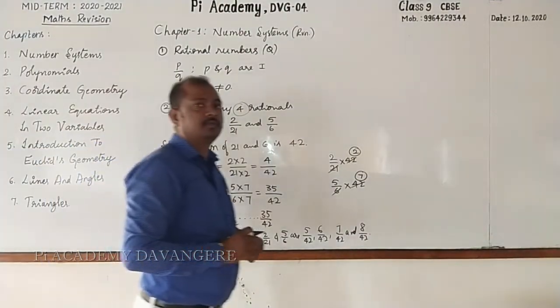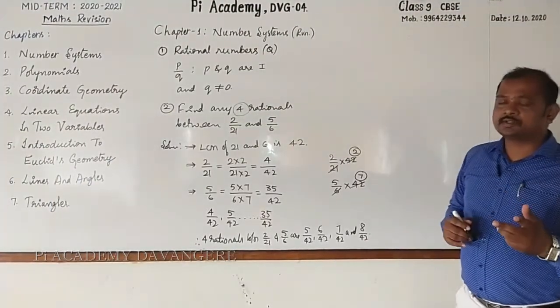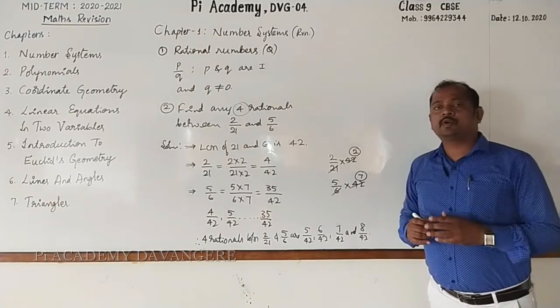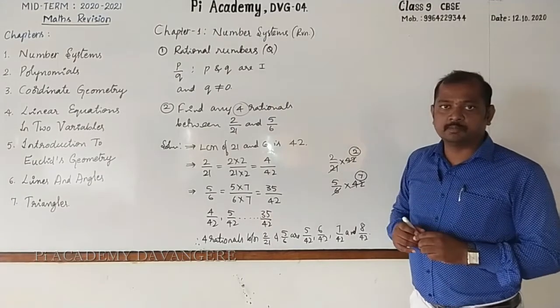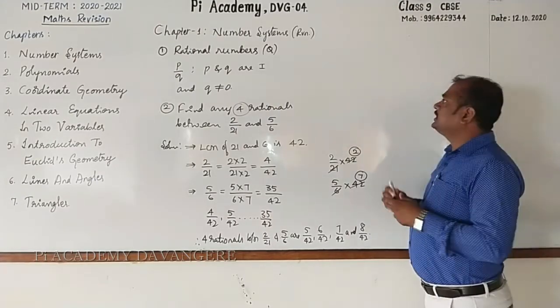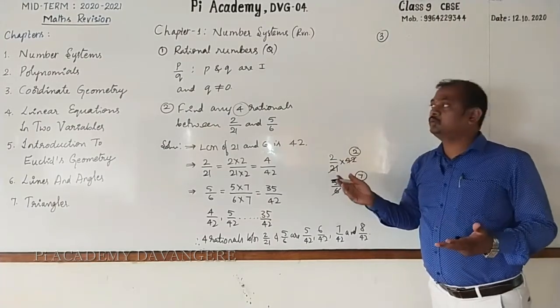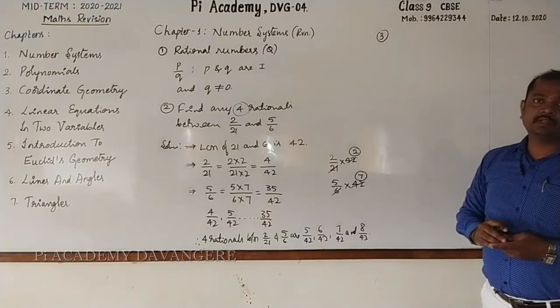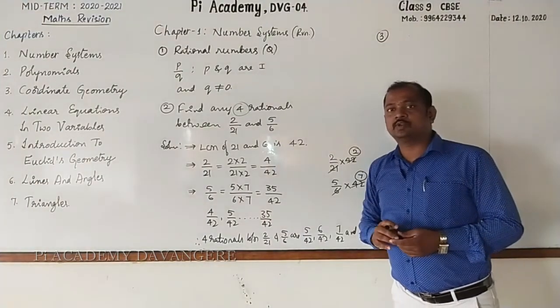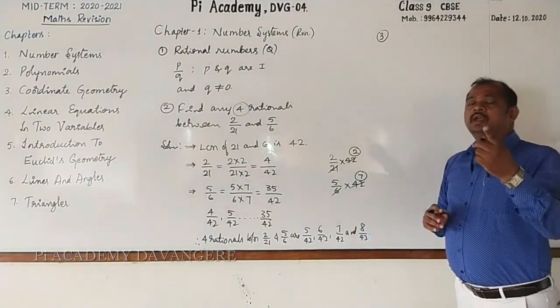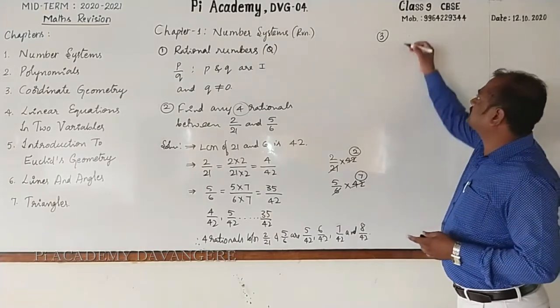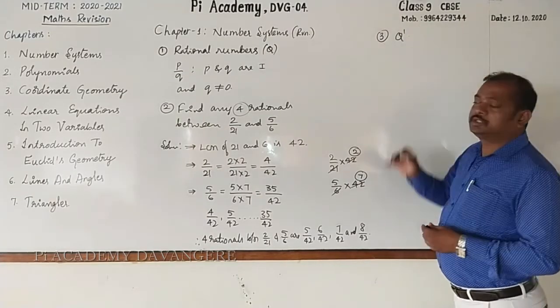Yes. Dear students, in the third concept, we will go for learning about irrational numbers. You all know that these are the numbers which cannot be expressed in the form of p by q with the condition p and q are integers and q is not equal to 0, right? And the irrational numbers are denoted by the symbol Q dash.